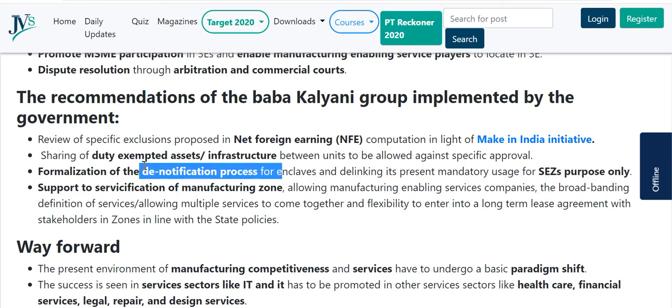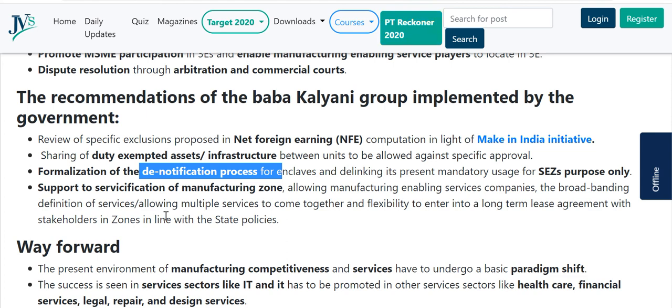So the denotification process, and the rule that a particular unit can be used only as an SEZ, that strictness, that rigidity has been done away with. And servicification of manufacturing zone, so allowing manufacturing enabling service companies. So a particular SEZ unit that is dedicated to manufacturing can also have different service sectors that help the manufacturing unit to boom.